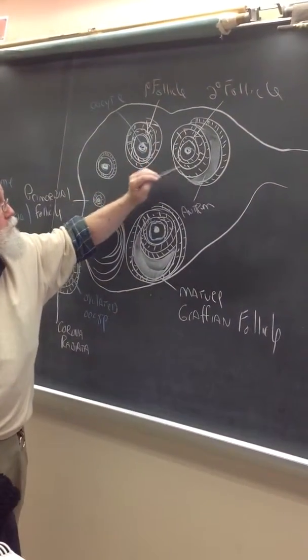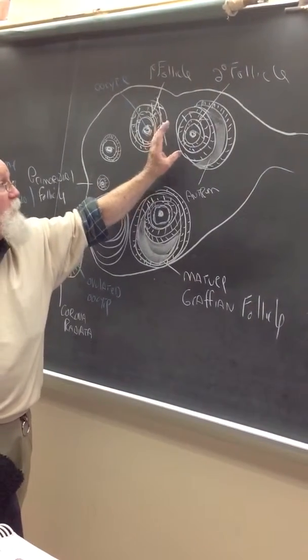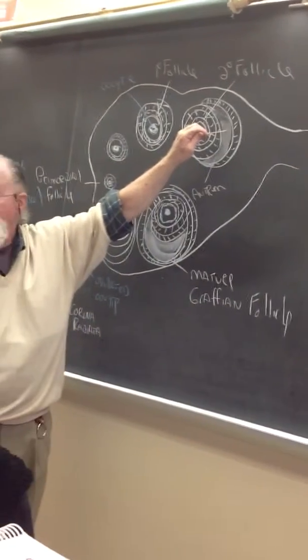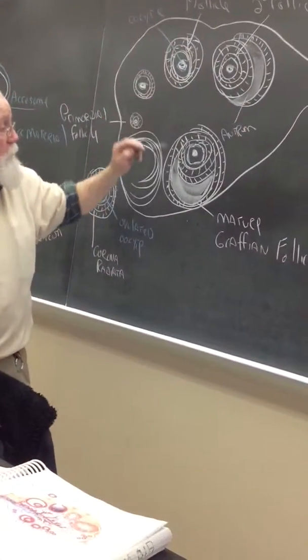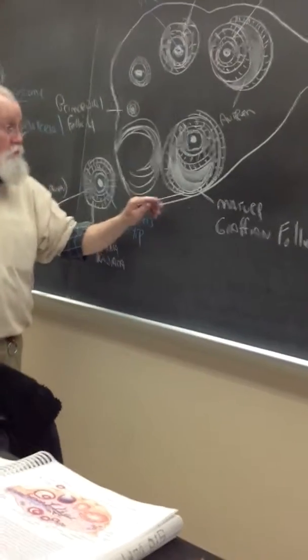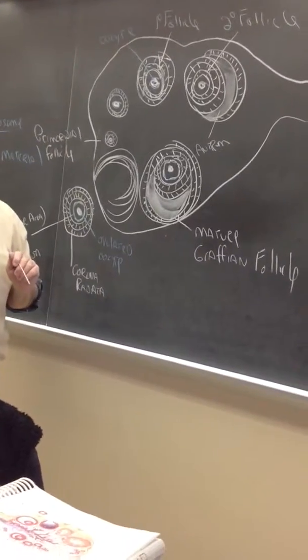As the follicle grows, the egg doesn't really grow at this point, but as the follicle grows, there develops an antrum. The antrum grows and grows and grows. The follicle gets nearer and nearer to the edge of the ovary.